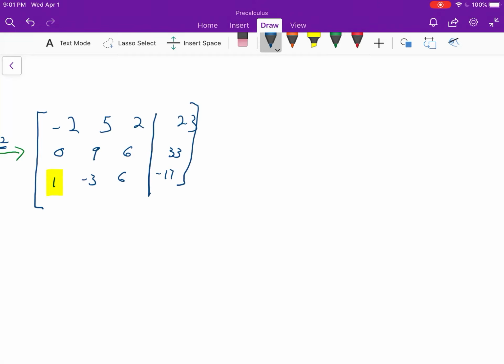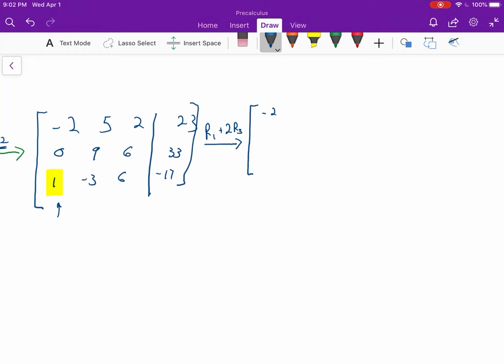Now we want to get this spot here to be a 0. Well, it's going to be kind of similar. We're going to use row 1 along with row 3. But this time, we're going to take row 1, and that's a -2, so we would want this to be a 2. So we can do row 1 plus 2 times row 3, and that's going to go in row 3.